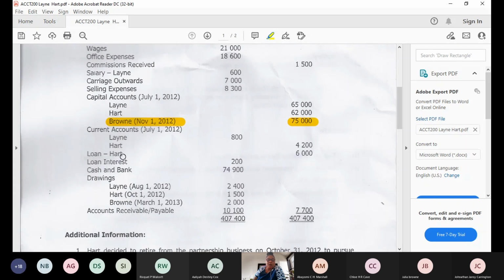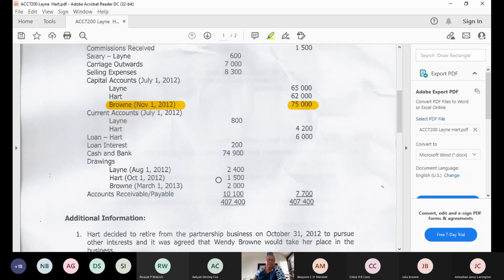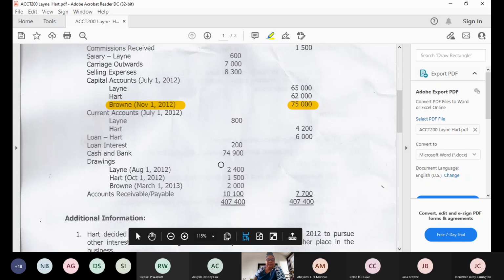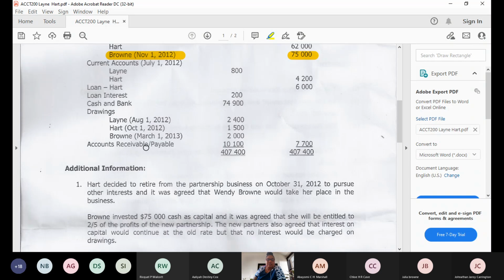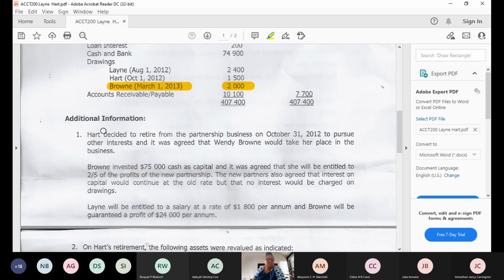You have a loan from Hart, and loan interest that was paid of $200. You have cash and bank, and then you have drawings. Lynn, Hart, and Brown also withdrew. And then you have your accounts receivable and payable. So this is the trial balance, and the trial balance is the first indicator that you admit a partner, because it has Brown here and Brown here. All right. Good.